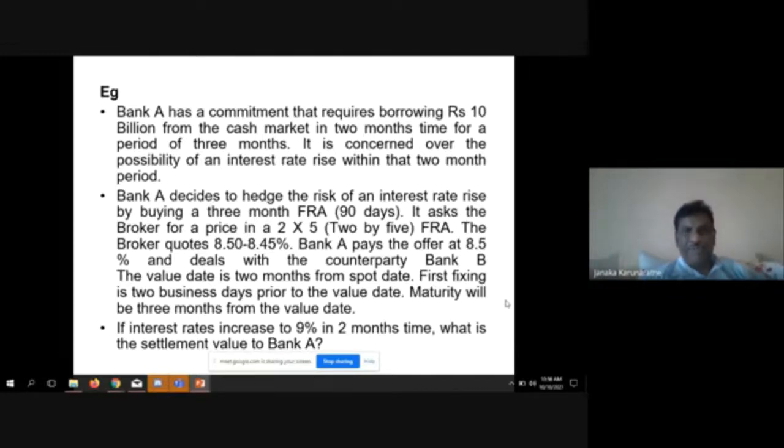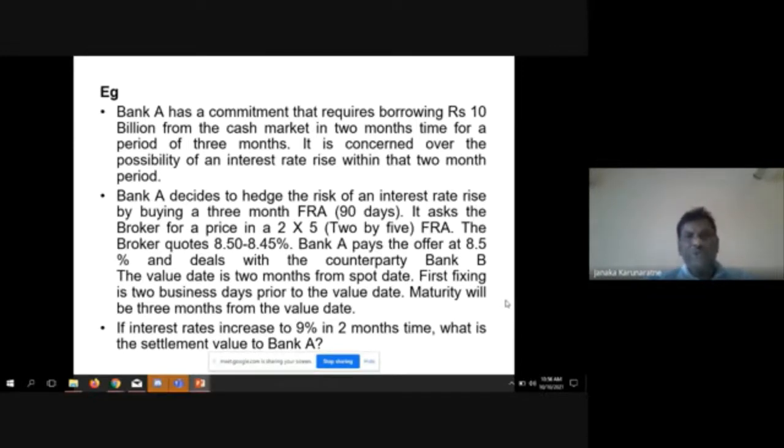of 90 days. What you do in practice is, there are brokers and dealers in the money market. You can ask a broker to quote a price for a 2 by 5 FRA, 2 into 5, because it is in 2 months' time for a 3 months period.